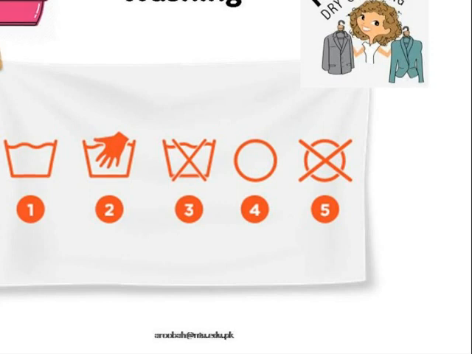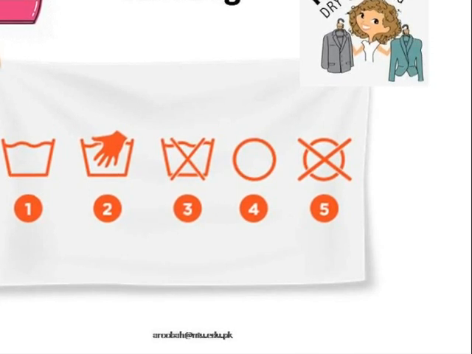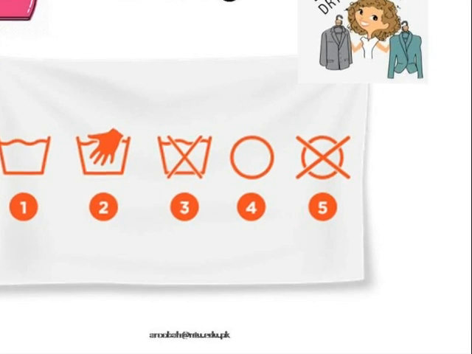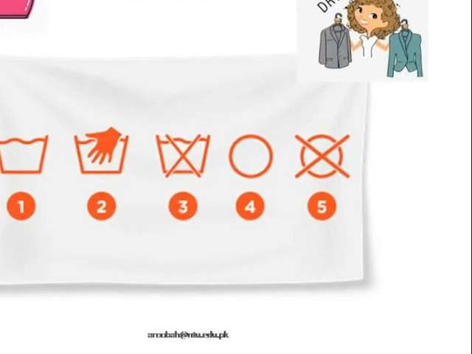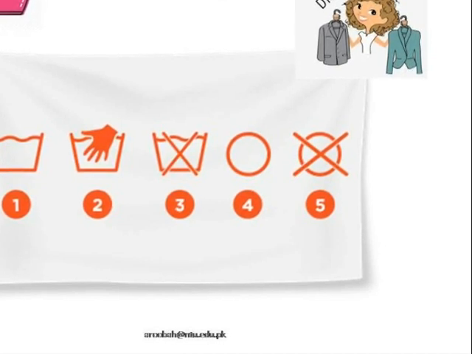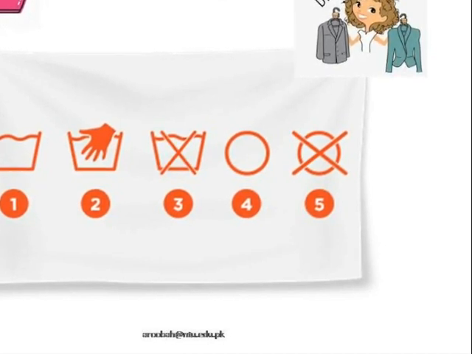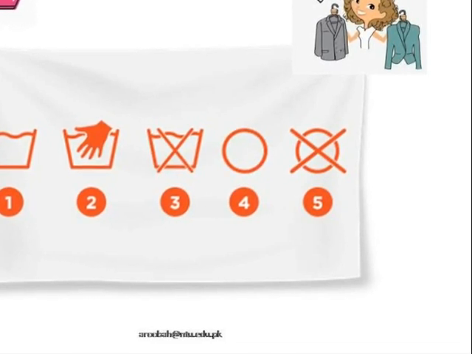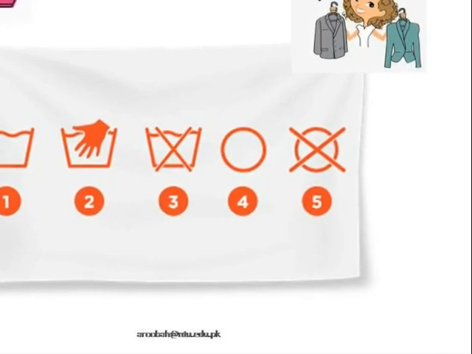Maybe your product is one which is damaged by the use of detergent, water or exposure to both. The fourth symbol, an empty circle, shows that it should be dry clean only and should not be washed at home by hand wash or machine wash.